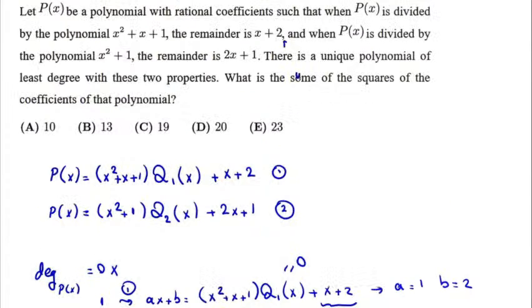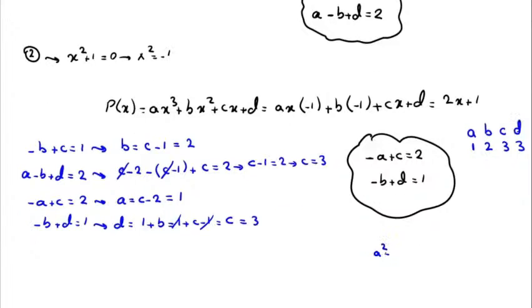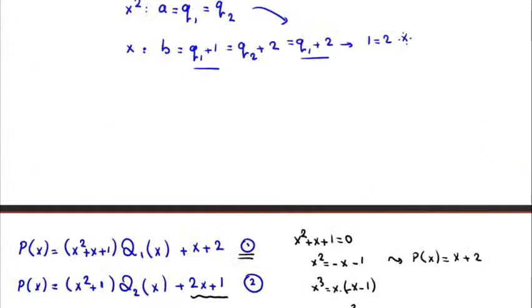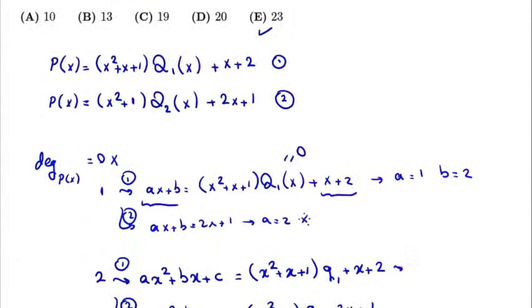The sum of the squares of the coefficients of that polynomial. Okay. So it will be a squared plus b squared plus c squared plus d squared. a squared is 1, b squared is 4, c squared is 9, d squared is 9. 9 plus 9, 18, plus 4, 22, 23. So the answer of this problem is 23, and the answer is E.